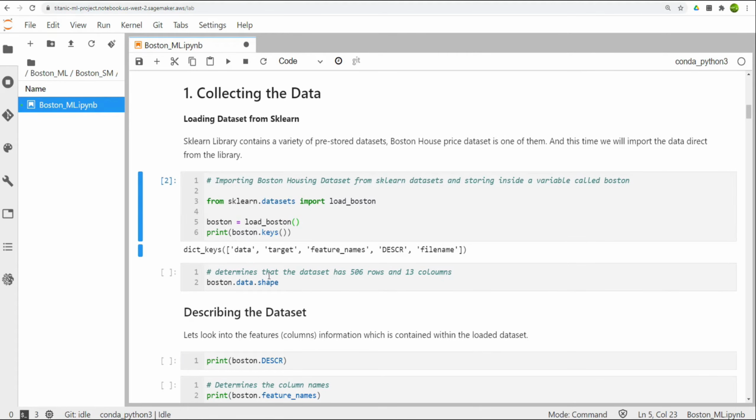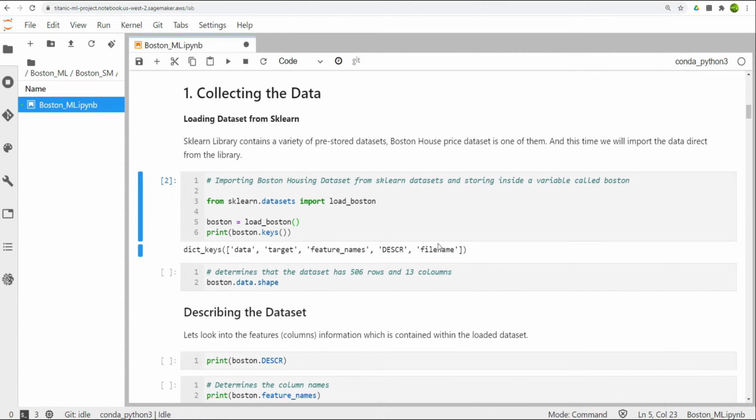So here the keys show that the dataset will contain the data, which is our actual dataset that we usually call as the data frame and process to train the model. Then we have the target variable, the feature names, their descriptions for each feature in the dataset, and the file name.